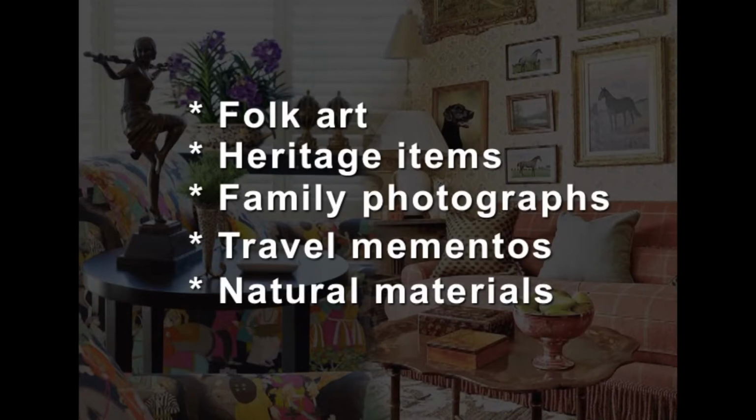Natural materials. Natural materials are flowers, fruits, vegetables, and other found items that can provide important accents in the home. Interesting seashells, rocks, minerals, stones, weeds, pods, or flowers for dried arrangements, or even a bare branch to place in a glass container.